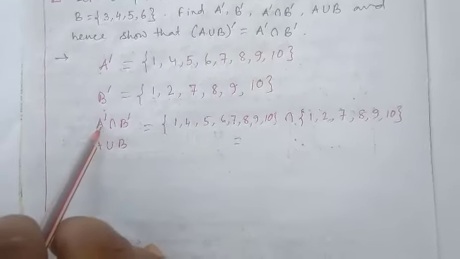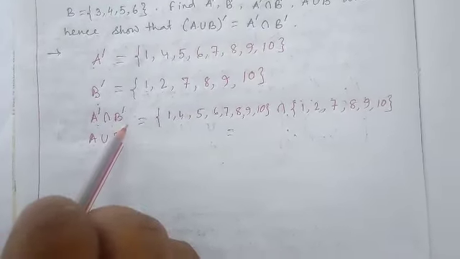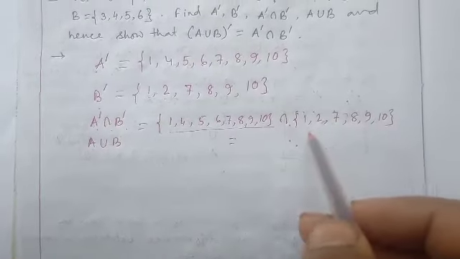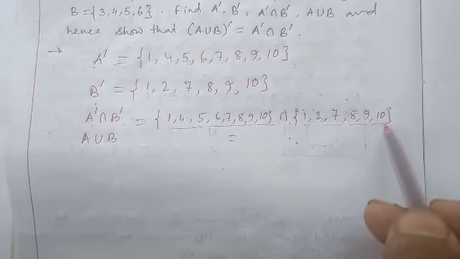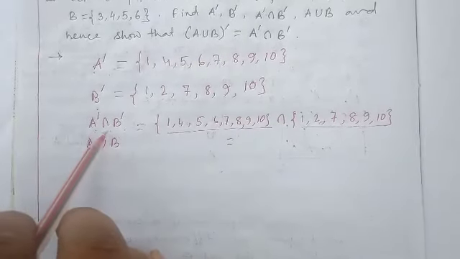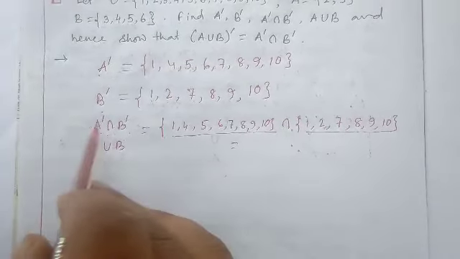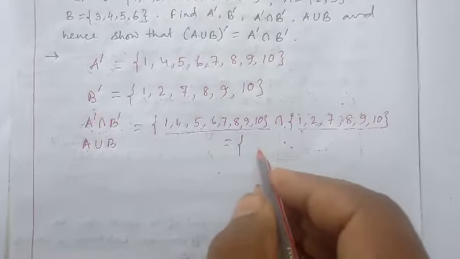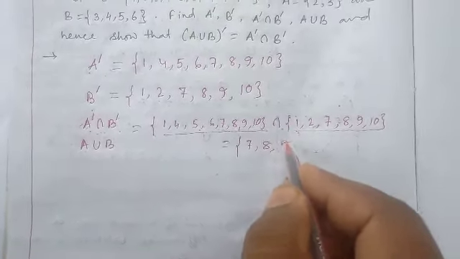Next, A complement intersection B complement. Here you first write the set A complement and next you write the B complement set. Intersection means the common elements of these two sets. What are the common elements here? 7 8 9 10.